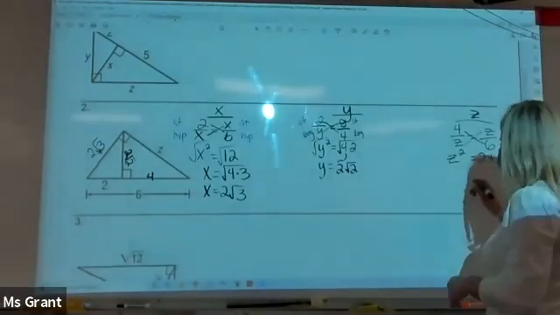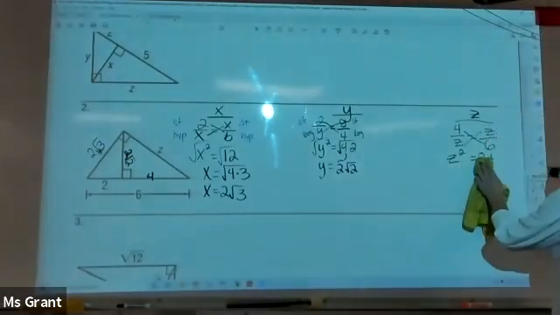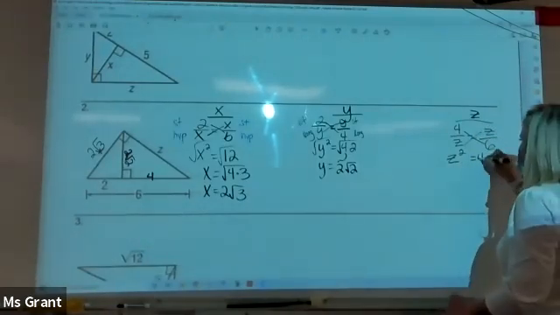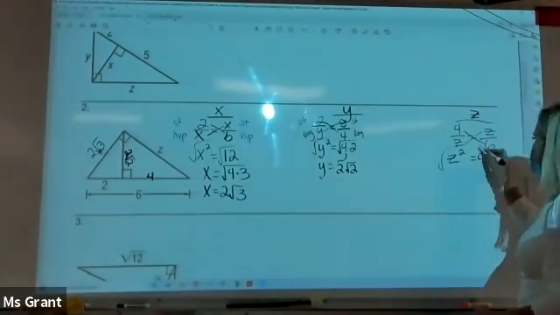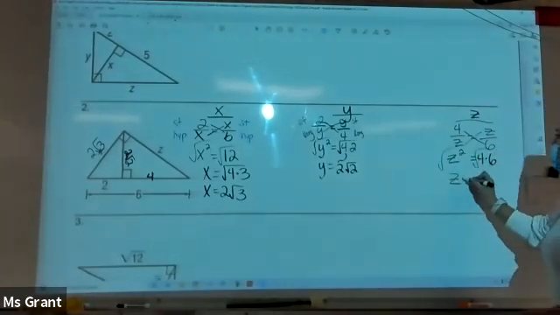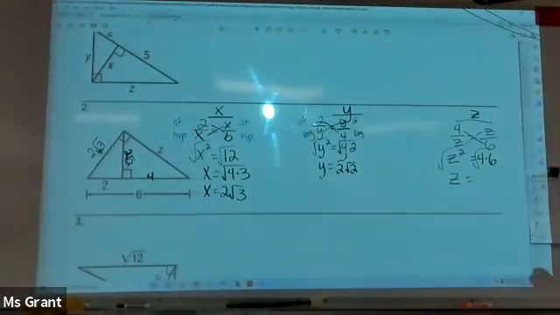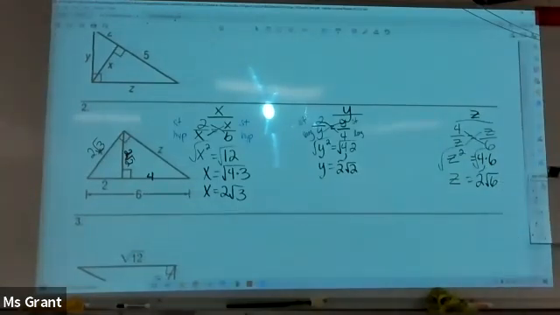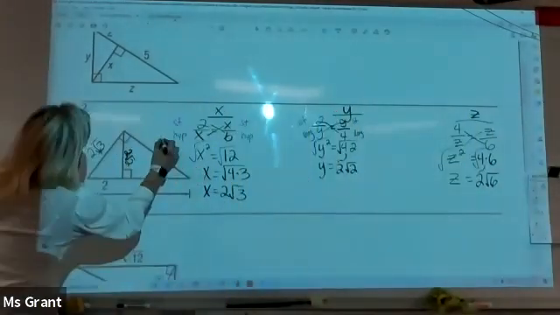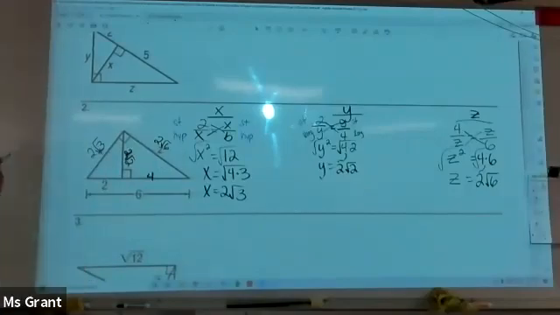So I really shouldn't have made it 24. I should have kept it 4 times 6, right? Square root both sides. Z is now out of the square root, 2 rad 6. 2 root 6. Square root answers are A-OK today.